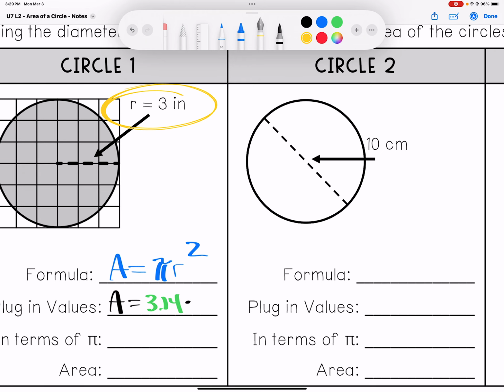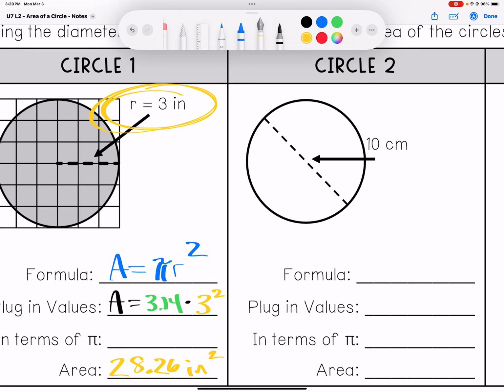R squared, what is r squared? The radius is 3, so it's 3 squared. So in your calculator, you would go 3.14 times 3, and then you would hit the button beside the 7 that squares it, and your answer would be 28.26 inches squared. Area is squared.